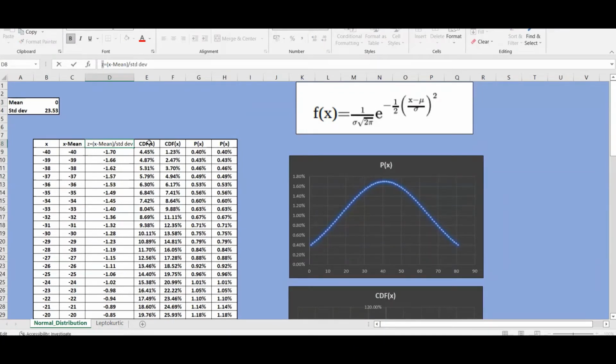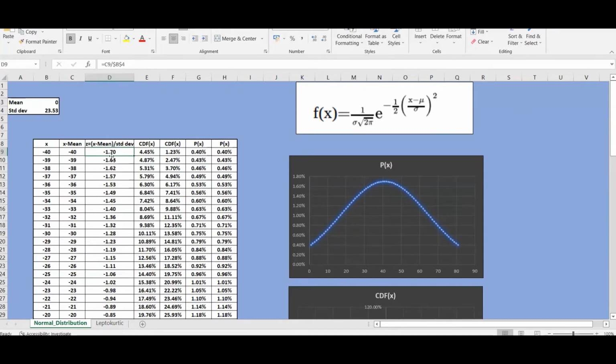To give you more explanation, Z value is a number that tells you, for example, if I have to check for minus 40, how many standard deviations away it is. So this is a key line.